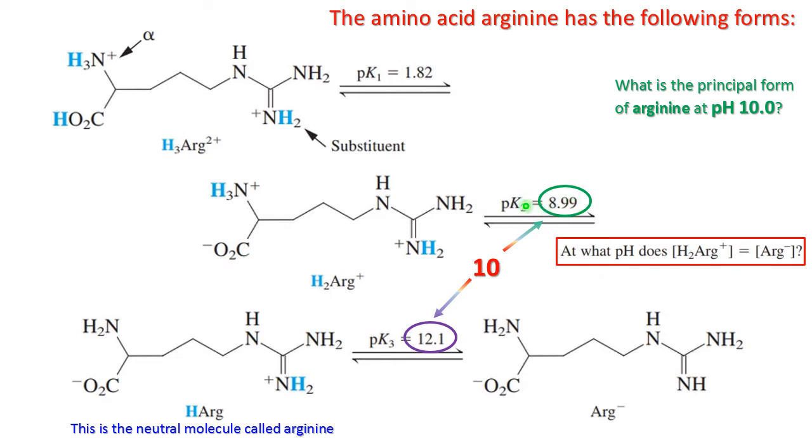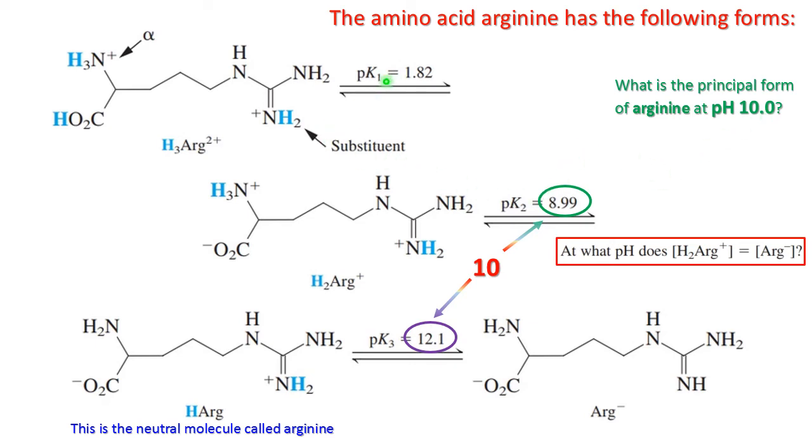At pK2, I have one more proton gone. And at pK3, the last proton comes off from here, giving the completely deprotonated form. Now, keep in mind, there are still hydrogen atoms in this molecule. They simply cannot dissociate. So the question is, what is the principal form of arginine at pH 10?